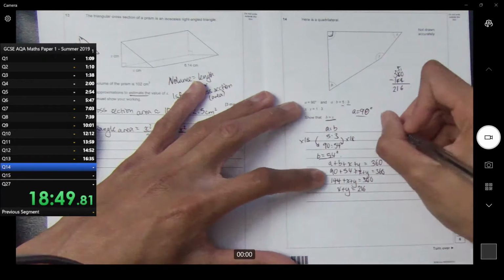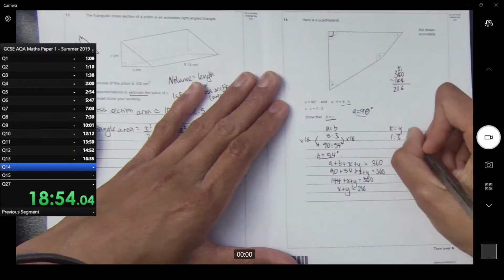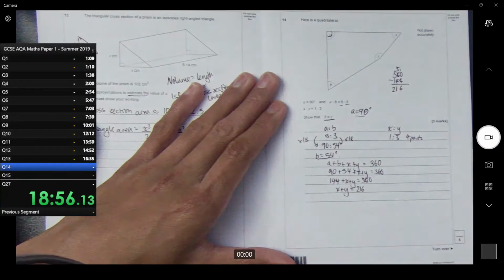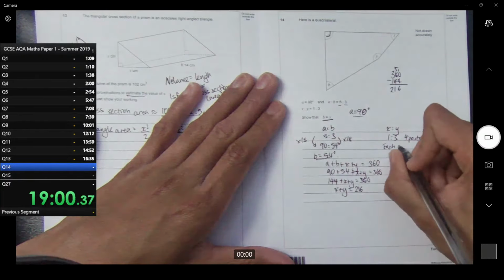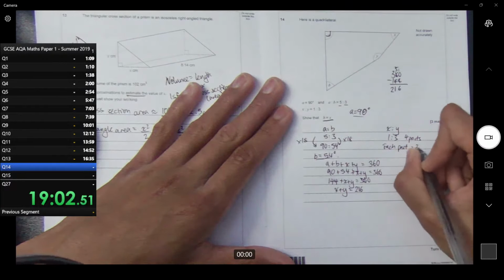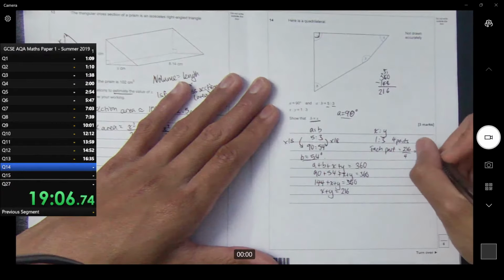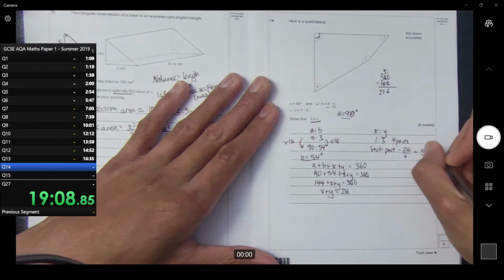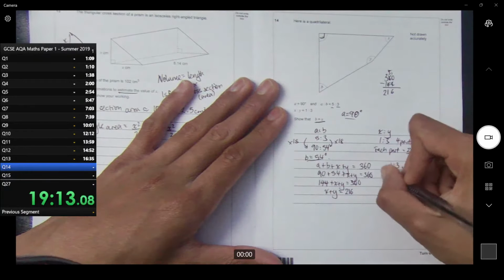X and Y is 1 to 3, so that's 4 parts. So each part would be 54. So 1 to 3, we multiply each side by 54.